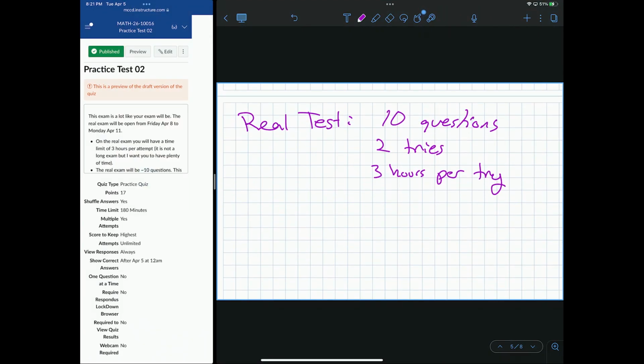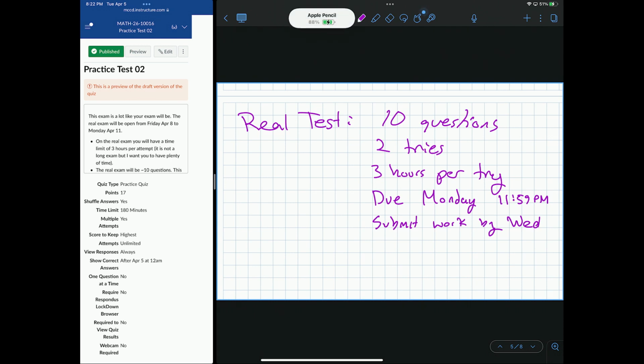And it's going to be due Monday next week. But you can submit your work by Wednesday. And that's because the actual online part of the test is due Monday right at 11:59 p.m. So if you're doing the test Monday night, you can't turn in your work Monday morning, right?